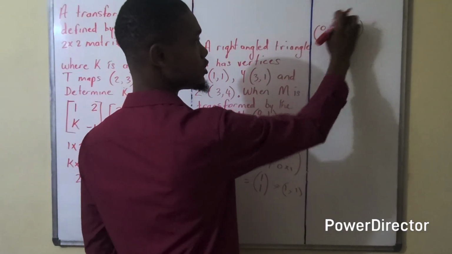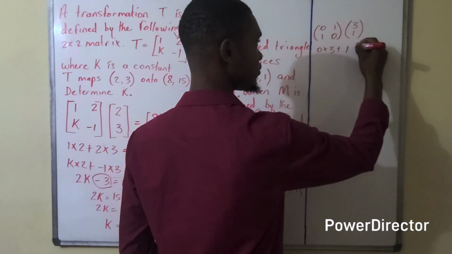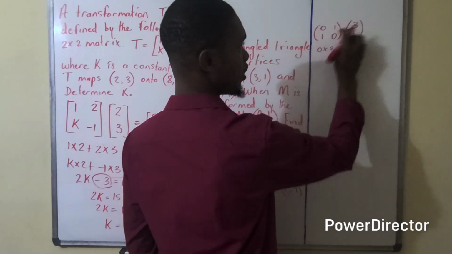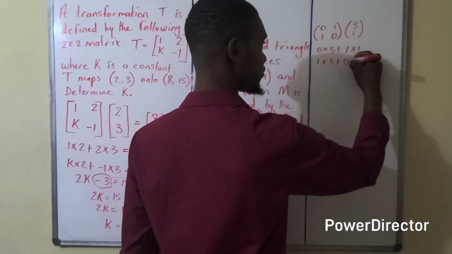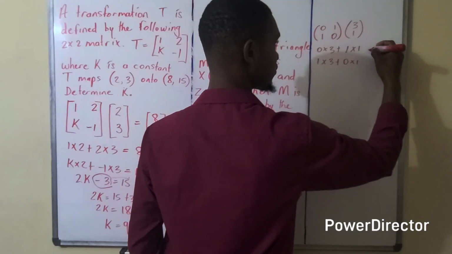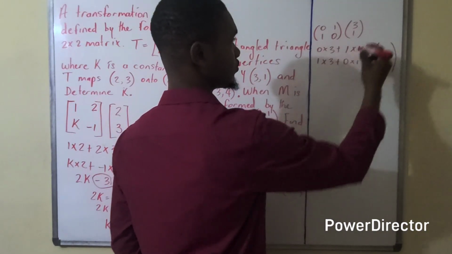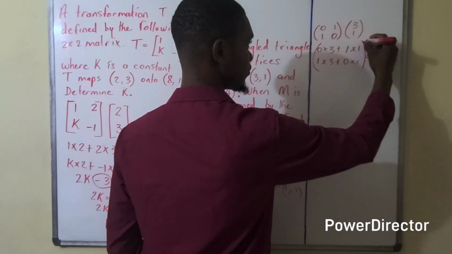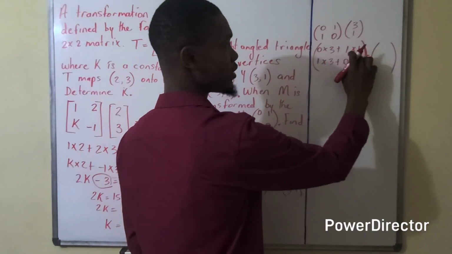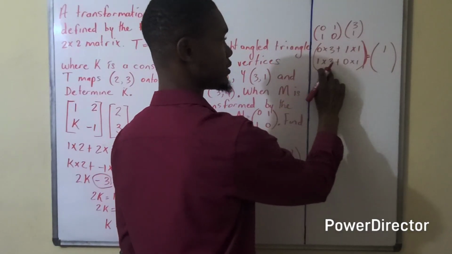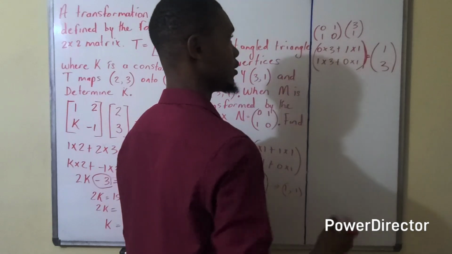So row 0 times 3 plus 1 times 1. 1 times 3 plus 0 times 1. So we'll just simplify. So 0 times 3 is 0. 1 times 1 is 1. 1 times 3 is 3 plus 0 times 1, that's 3 here. So that's y.